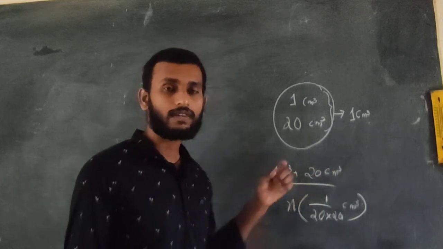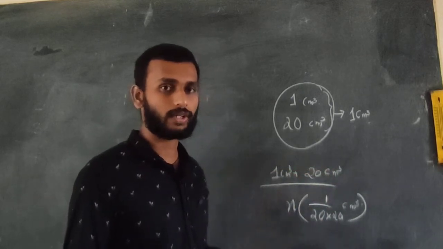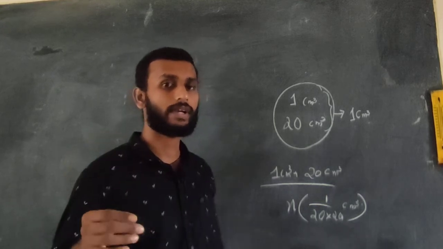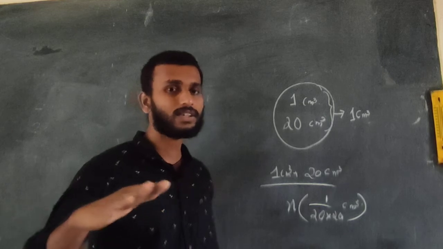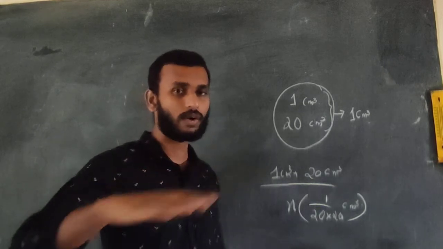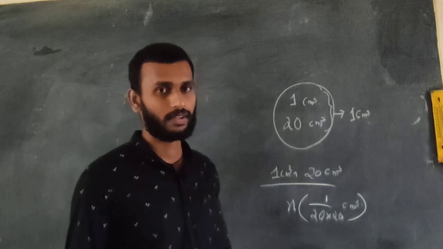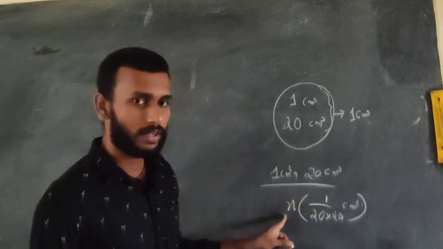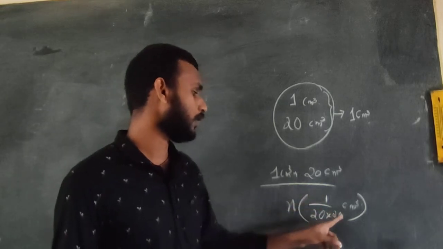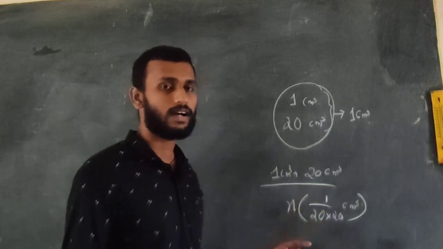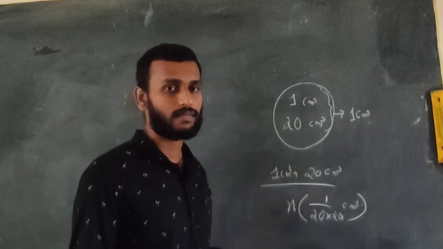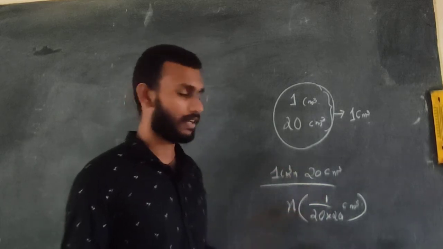The oleic acid will float over the surface of the water, just as if you drop 2 or 3 oil drops on the surface of water, the oil drops will float over the water surface. Same thing. Now we have the volume, that is n into 1 divided by 20 into 20 centimeter cube. That is the volume of the oleic acid which we have dropped on the water surface.